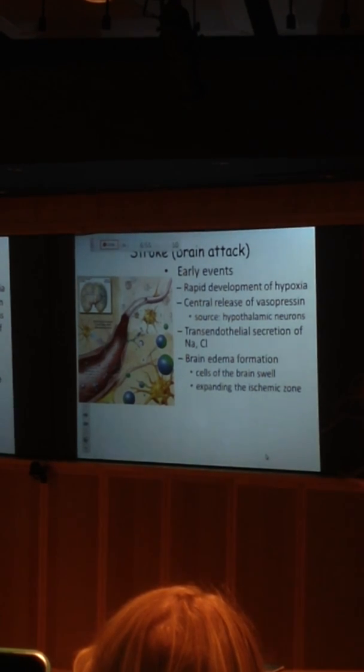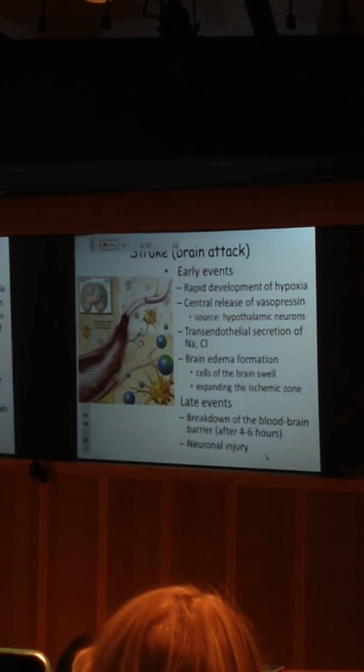Okay. So the later event is after 4 to 6 hours, and you can imagine the free radicals start working, the endothelium cells start to get damaged, and you have the breakdown of the blood-brain barrier after normally 4 to 6 hours, causing more systemic neural injury.